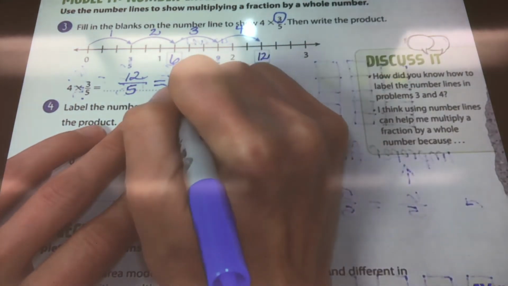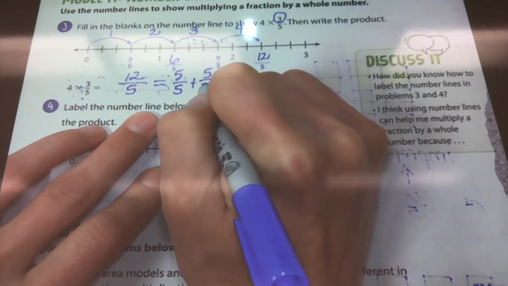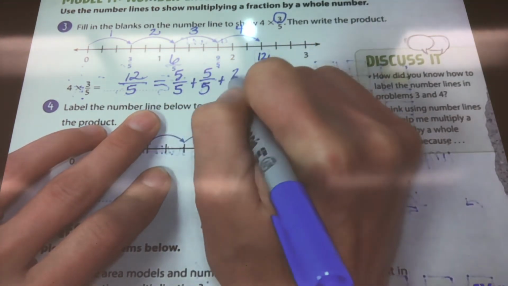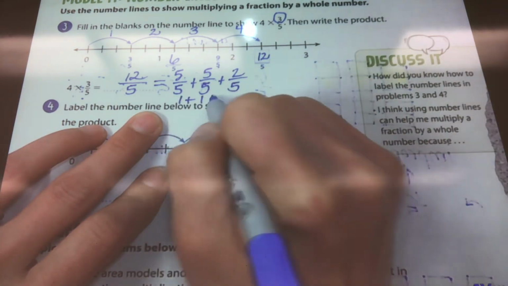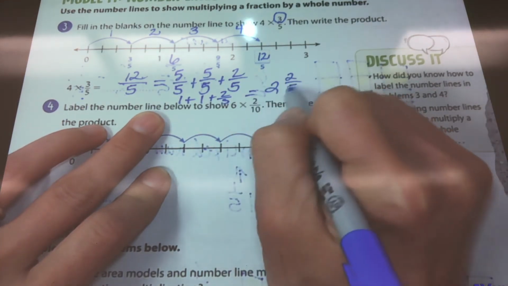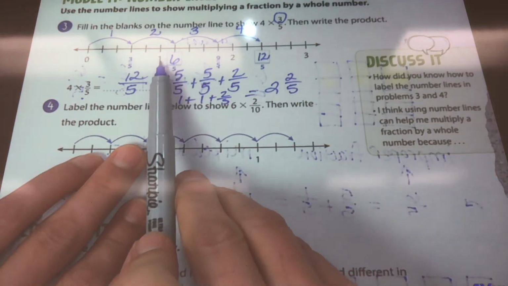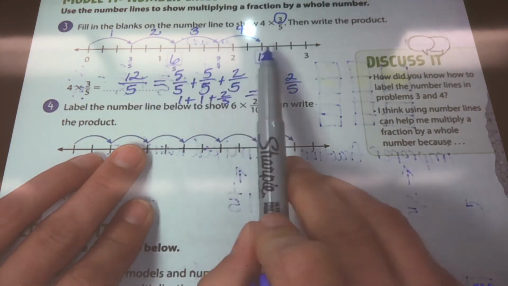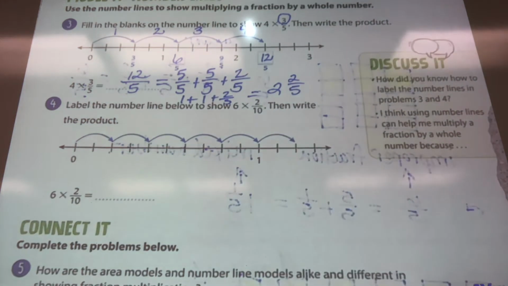So I'm going to take out my wholes, which would be 5 over 5 plus 5 over 5. And then I have 2 left over, 2 fifths. And this will give me 1 plus 1 plus 2 fifths for a total of 2 and 2 fifths. And you can actually see that we've gone from the whole number 1, here's the whole number 2, and then here's a 1/5 and a 2/5 that we've jumped. So we're at 2 and 2 fifths.